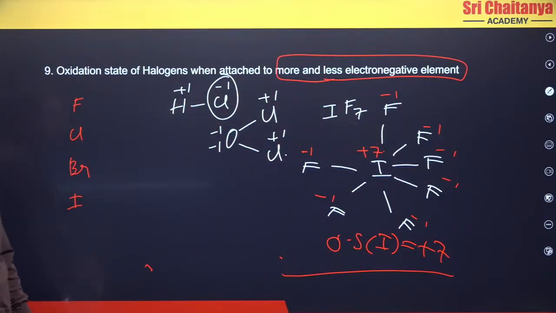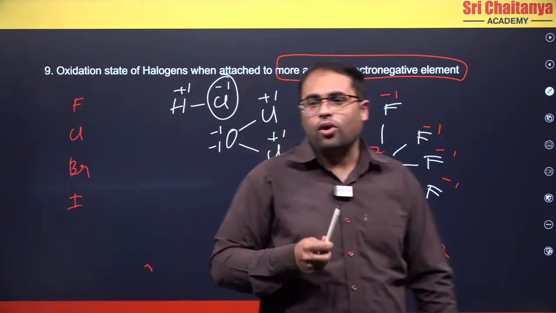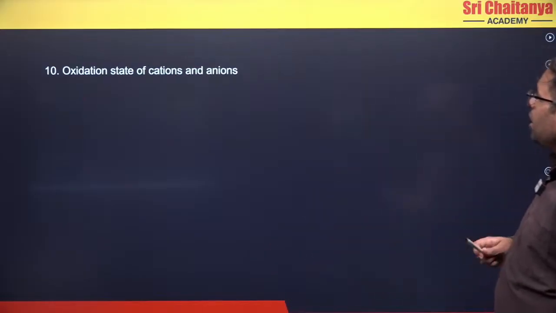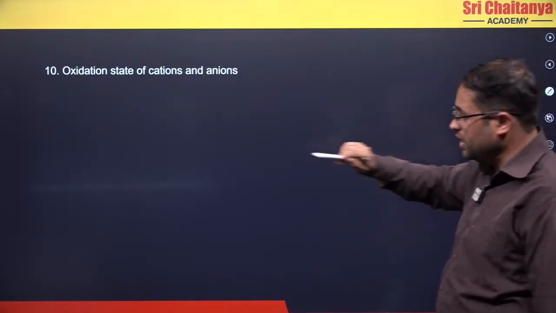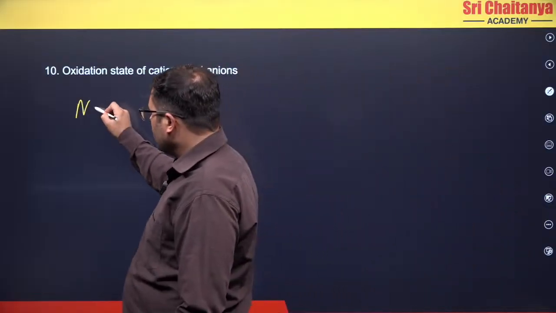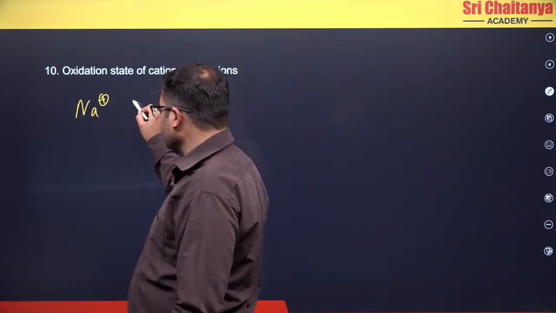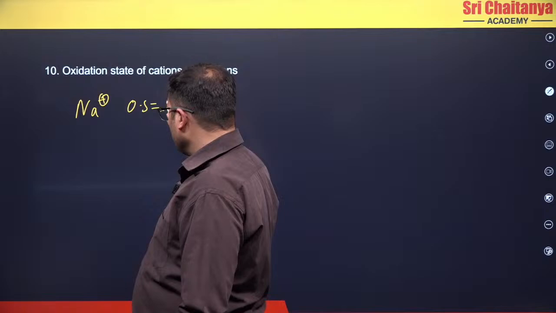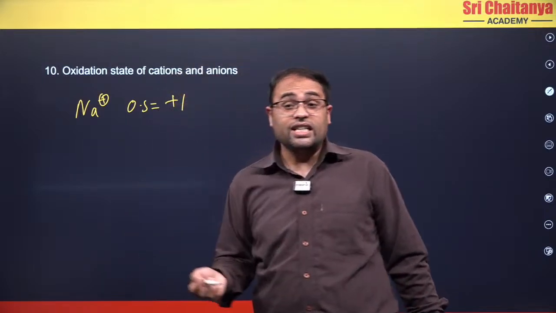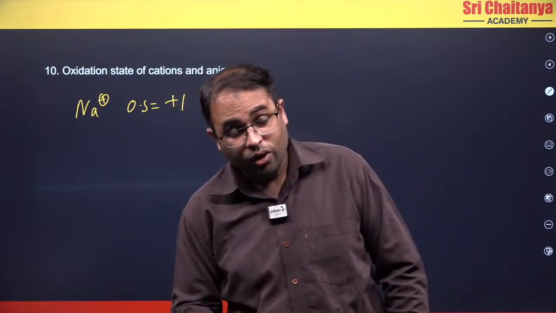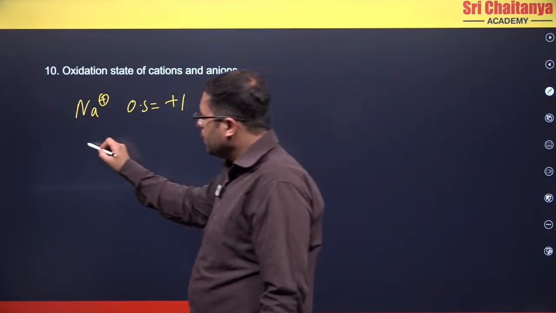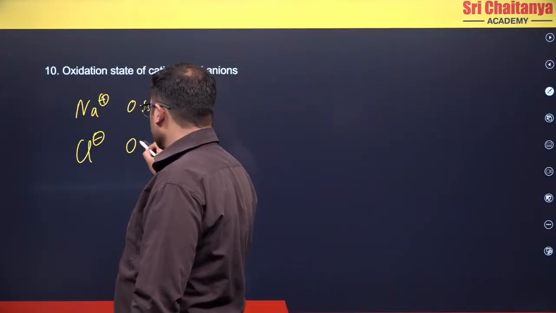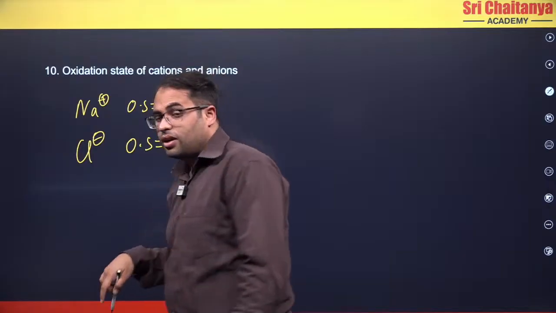So in this way you can work out oxidation states. Now oxidation states of cations and anions. This is particularly easy. You know that for Na+, the oxidation state is +1. Yes, oxidation state can be 0, negative or positive, anything it can be. Like this oxidation state is -1.